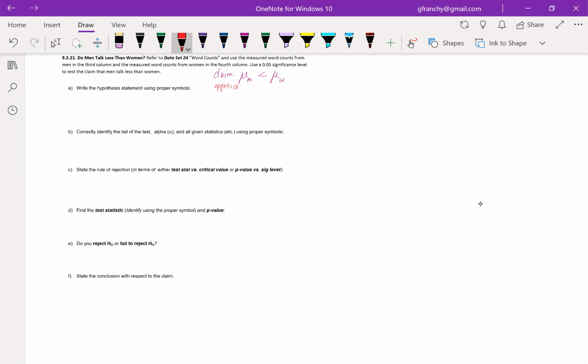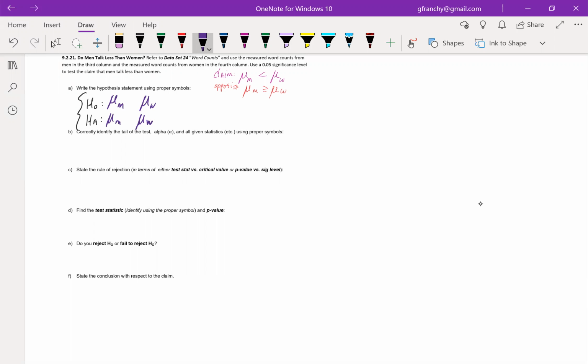The opposite of that is going to be that the mean of men is greater than or equal to the mean of women. That allows us to build our hypothesis statement. So we went with mean of men first. We went with mean of women second, so we have to be consistent with that the rest of the way in the problem.